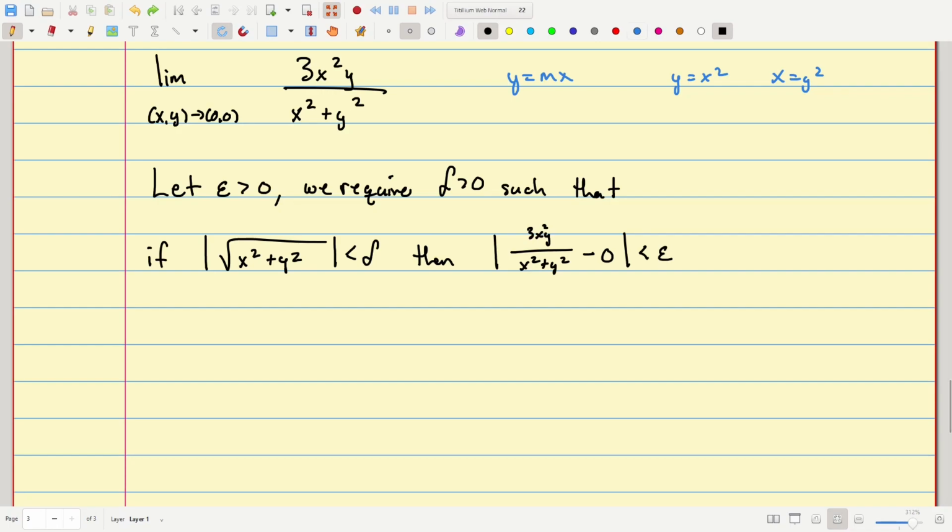Okay, if I examine this expression, everything is positive except for the y. Okay, so what's the only thing that holds on to the absolute value? That makes sense?